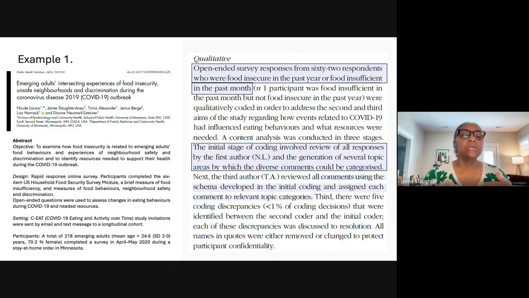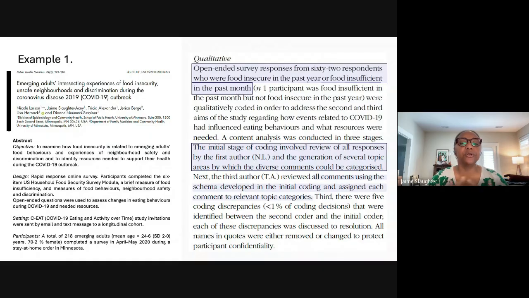And so the content analysis was conducted in 3 stages. The initial stage involved just reviewing all of the responses, right? So the first author, Dr. Larson, just read all of the responses before any codes were assigned or generated.